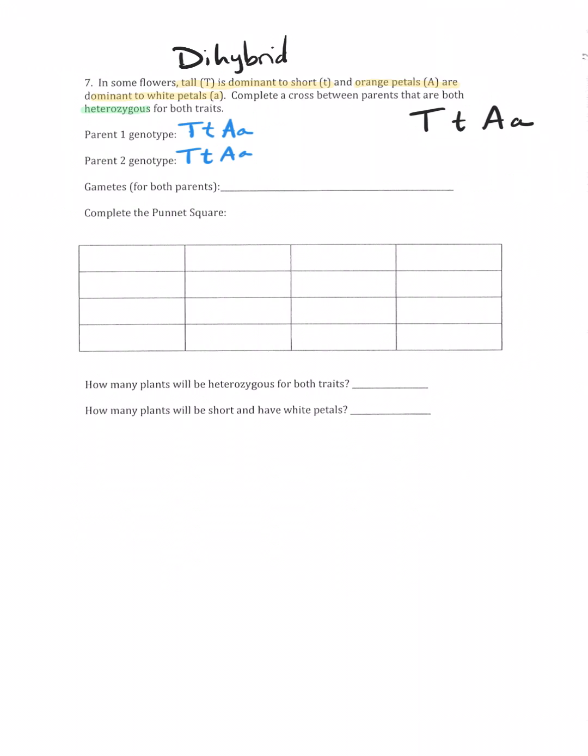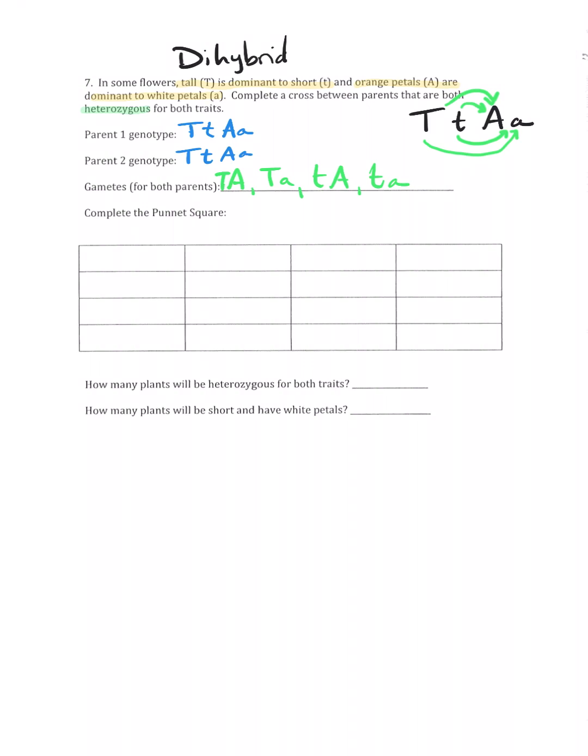So the gametes that are generated by the genotype capital T, small t, capital A, small a are capital T, capital A; capital T, small a, because that's another way to combine the letter T with the letter A; small t, capital A; and the last possible combination is small t, small a. So those letters are the ones that are going to go on our Punnett square.